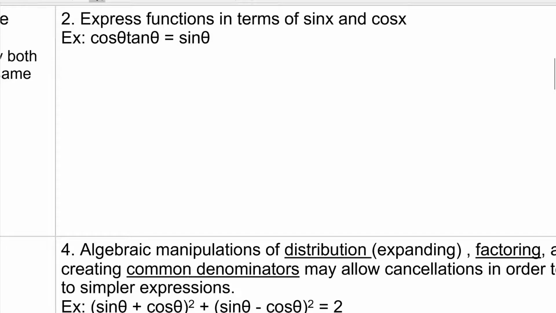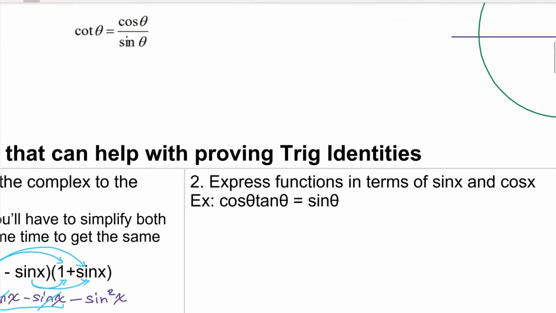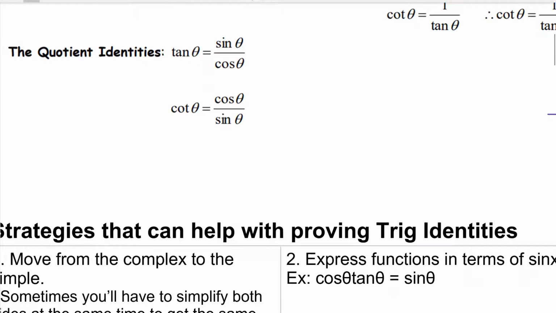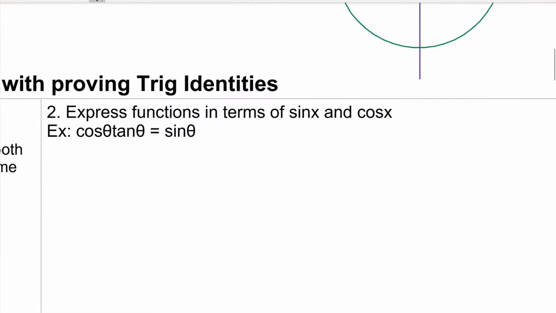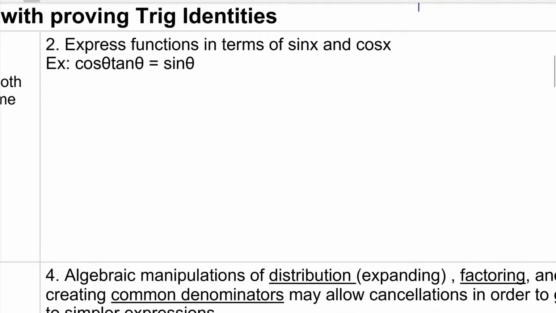On the left side, I have cos theta, tan theta. On the right side, I have sine theta. I want to make sure everything's in terms of sine and cos. And I know that I can use the quotient identity over here to turn a tan into a sine and a cos. So I'm going to start with my left side of this equation. So the left side over here is equal to cos theta times tan theta.